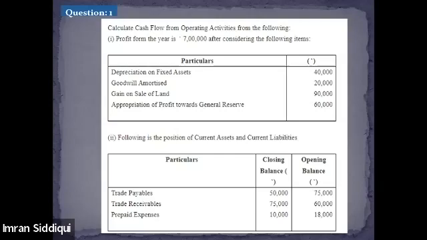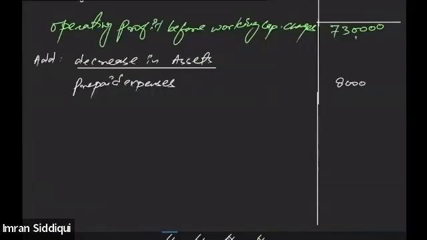But as far as I can see, trade payable, which is the current liability, has a decrease. So it needs to be subtracted. Increase in current assets.